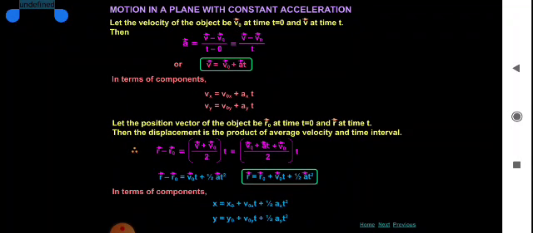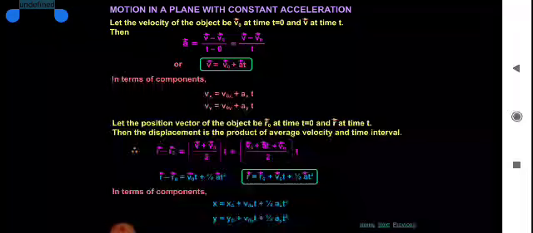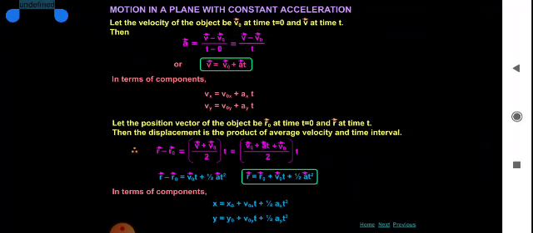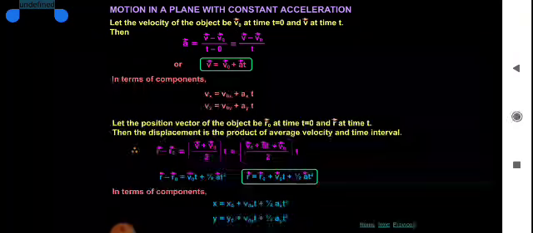So average acceleration is equal to the final velocity minus the initial velocity divided by the final time minus the initial time. Final velocity is vector v, initial velocity is vector v naught. The initial time is 0, final time is t.